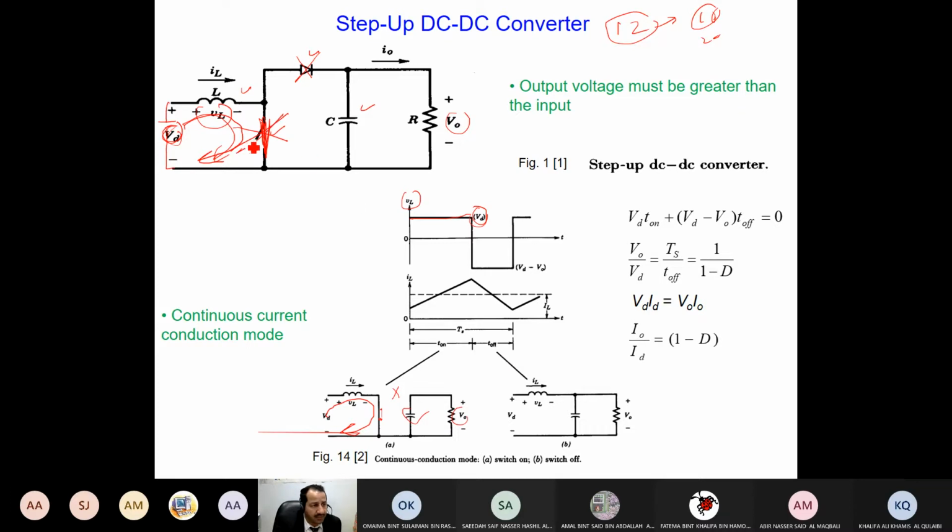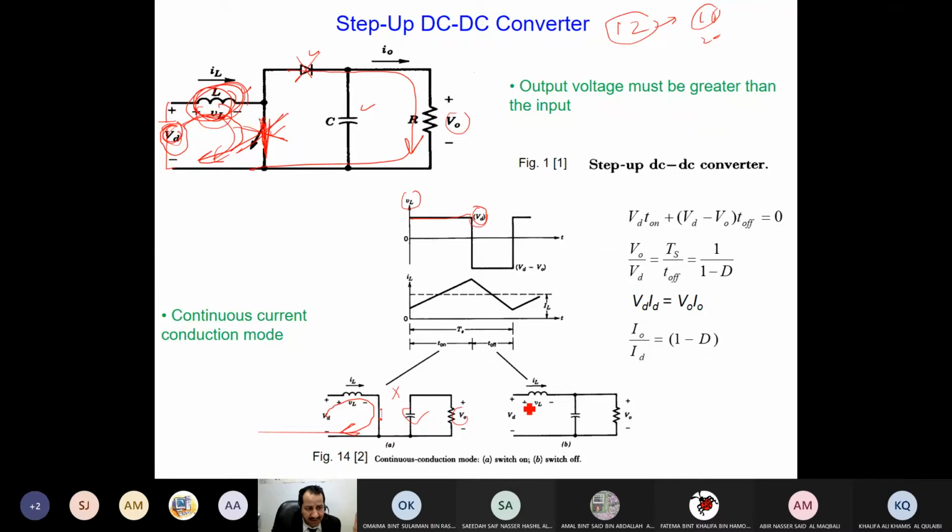When I switch off the transistor, the energy stored in the inductance from the previous cycle will be released. So current and energy coming from the supply plus current and energy coming from the inductance are released through the diode to the load.